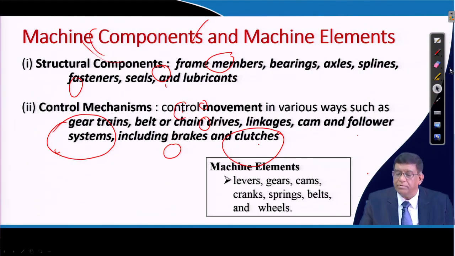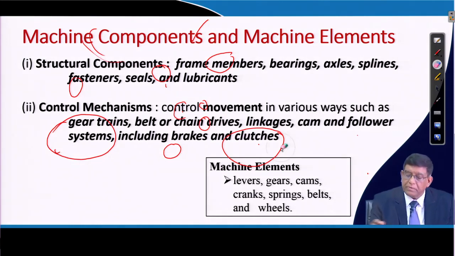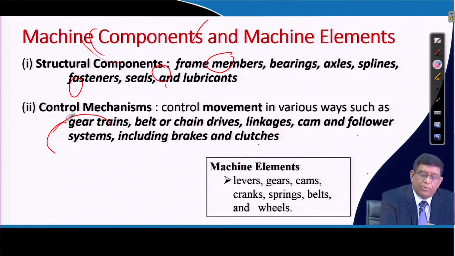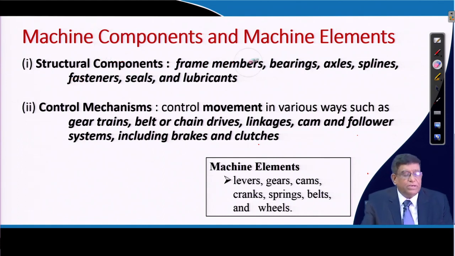Okay, so you can see these machine components and machine elements. There are different structural components and control mechanisms, because when we said any machine has three main components, first are the structural components, that means all these devices.